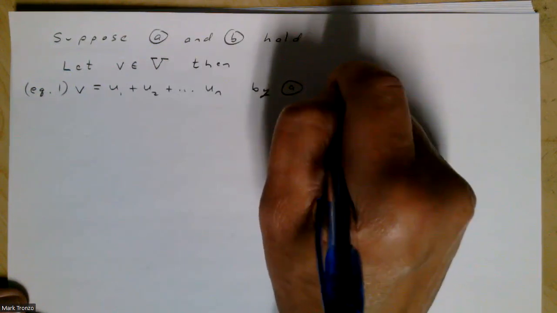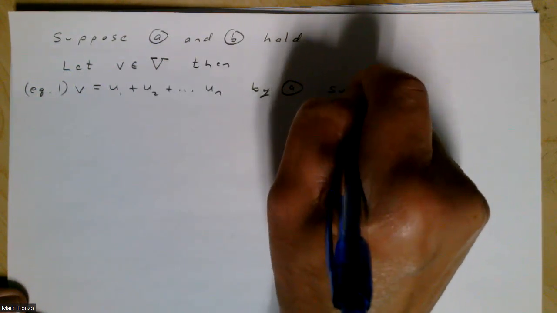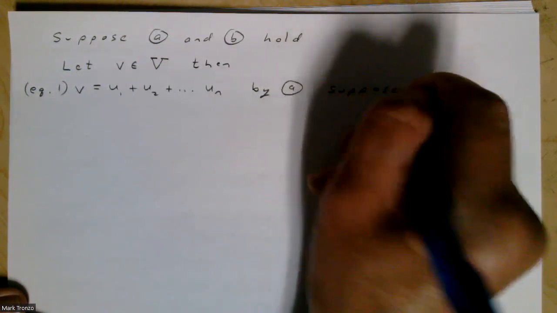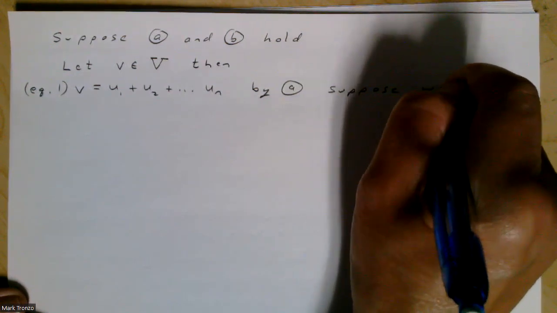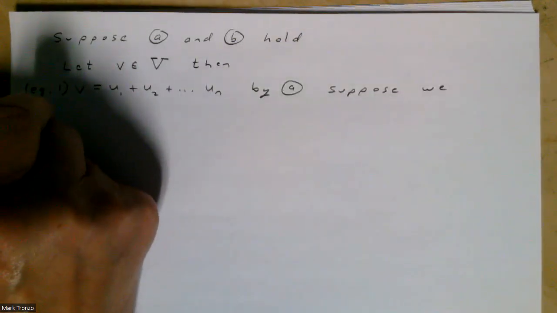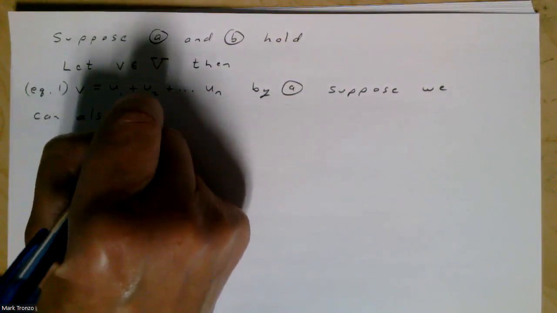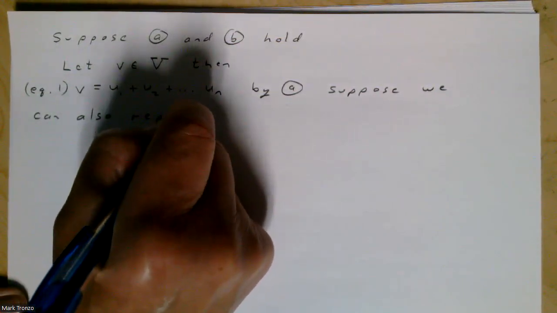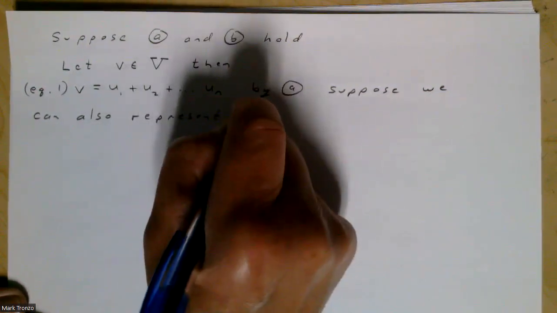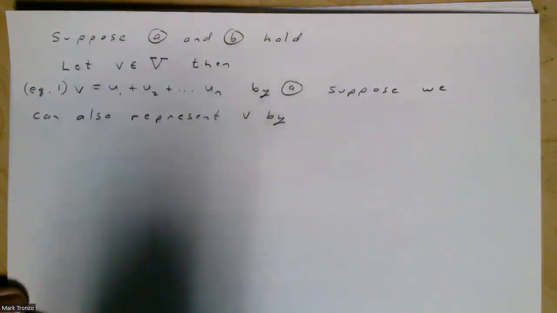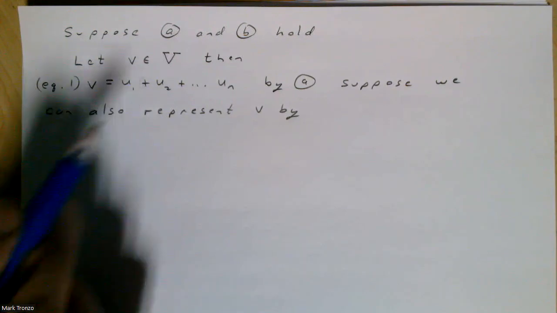Suppose there's going to be another representation. Suppose we can also represent V by, say, some other vectors from each of these sets.